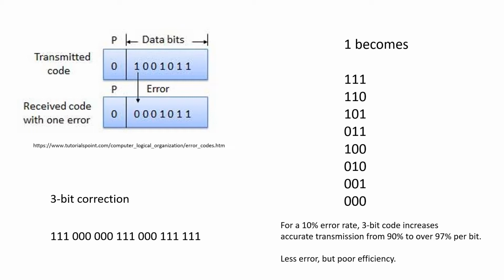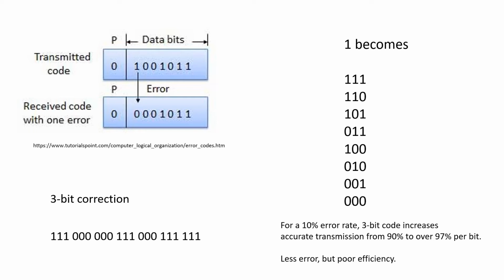And so let us look at the code that we want to transmit on top. The code that we want to transmit is 1001011. Now, electronic noise, chance errors, and so forth can flip at random any one of those bits, and we end up transmitting the wrong code.